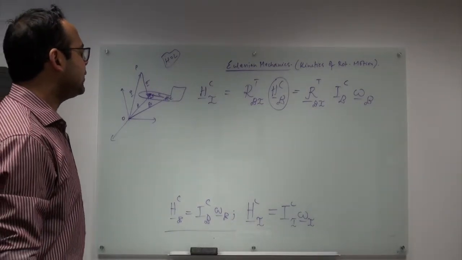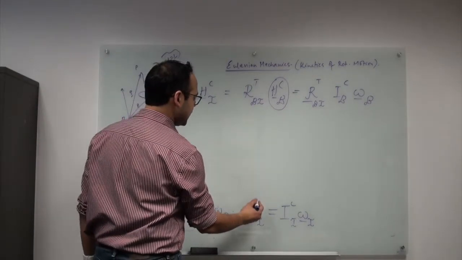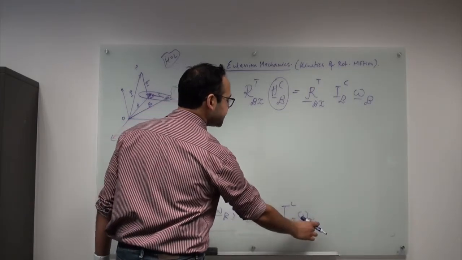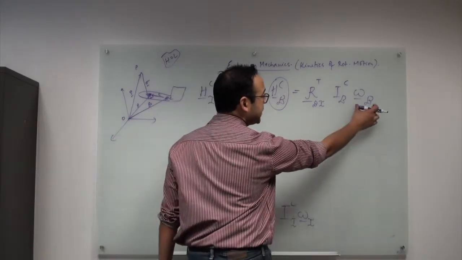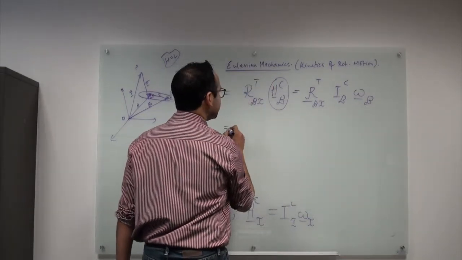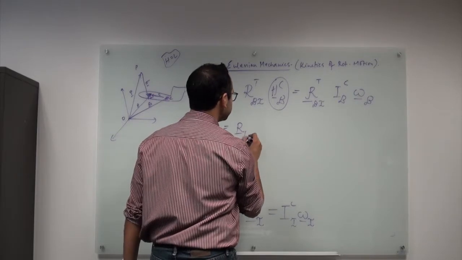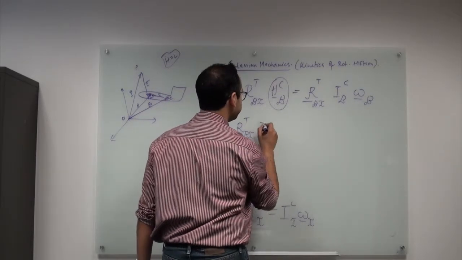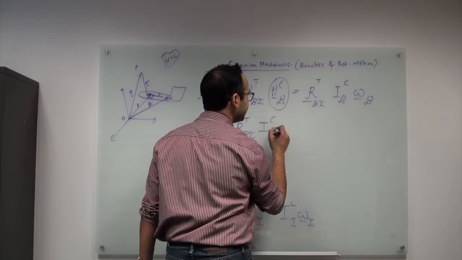Okay, so we are getting there. We want HCI to be inertia matrix times omega I. What we have is omega B. So again, we know how to transform vectors. So let's transform the omega vector from I to B, or from B to I. That's easy again.